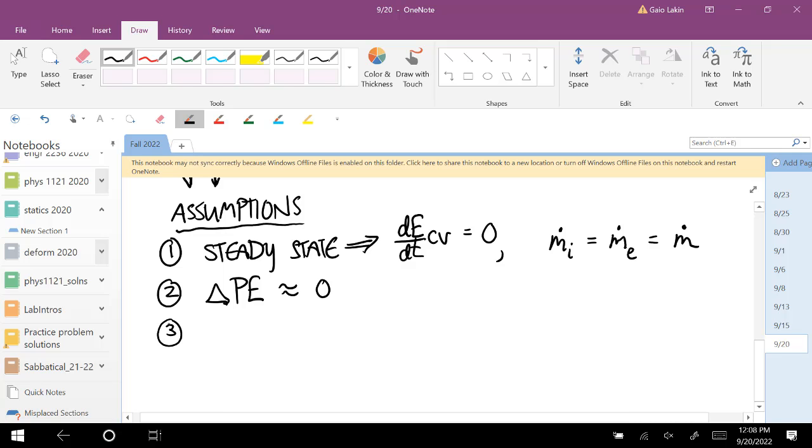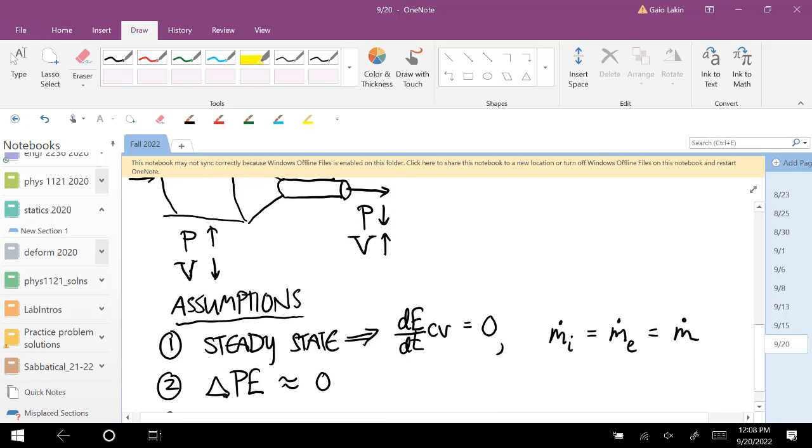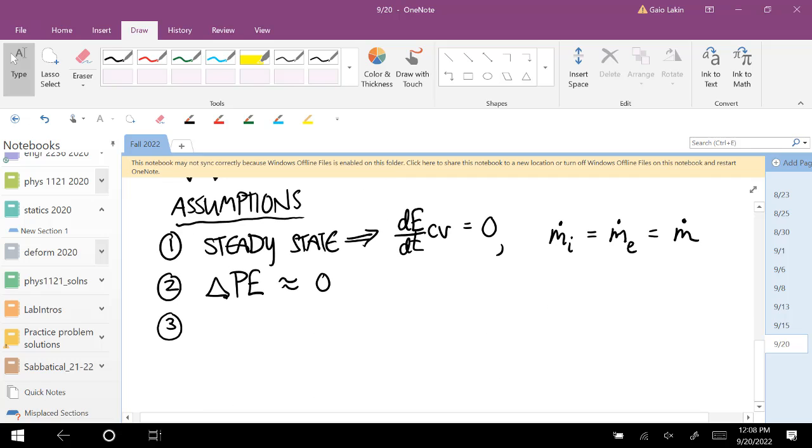Third, we're going to assume that there's no heat transfer through the walls of this thing. The flow is moving pretty quickly through it, so because it's a fast flow, we're going to assume that Q dot for the control volume is 0.